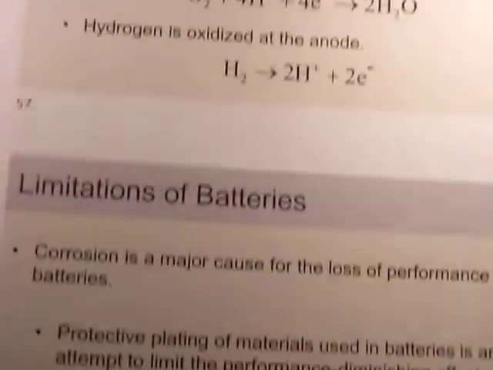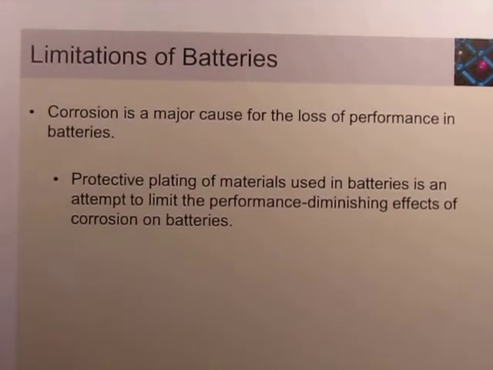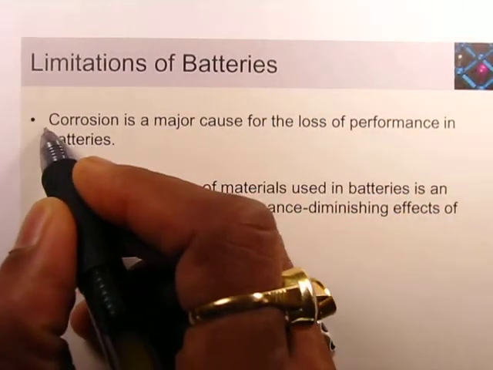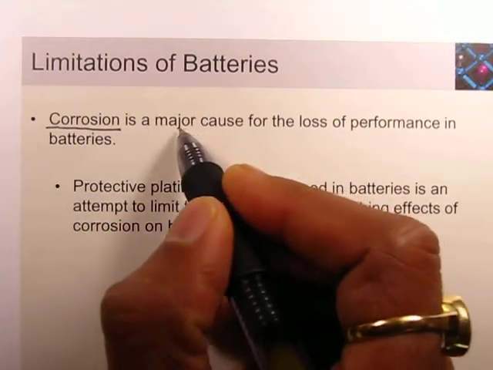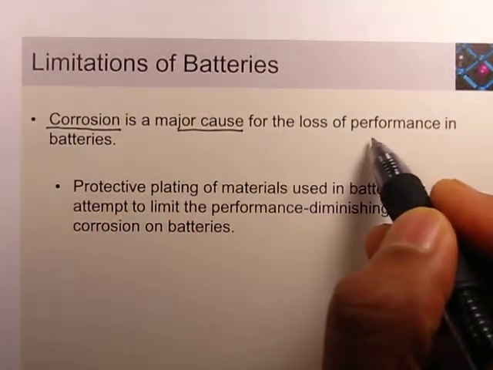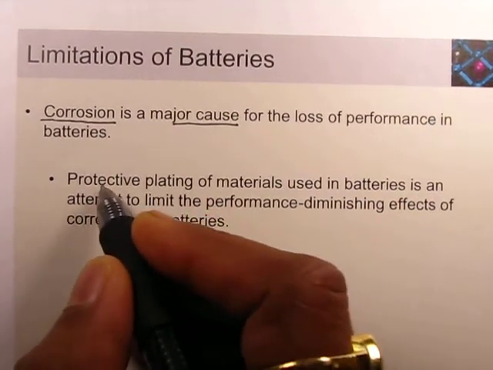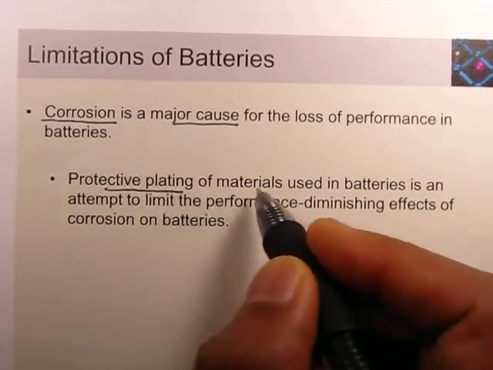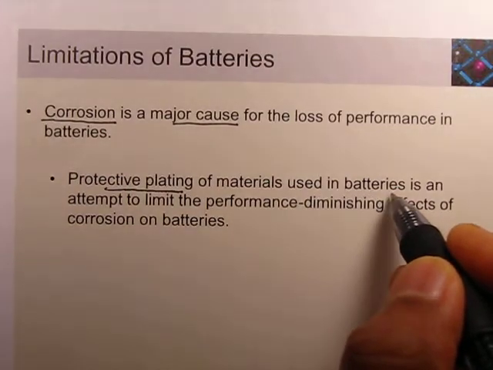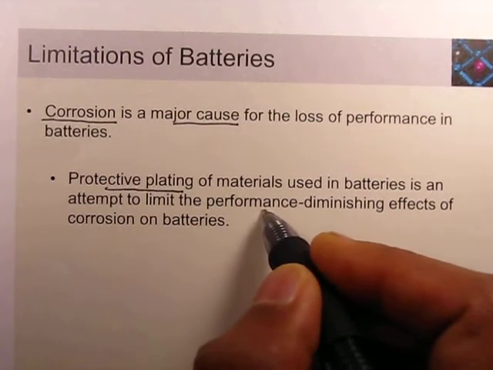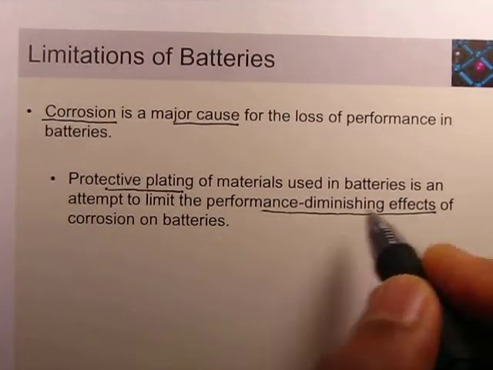And here I would like to show you the limitations of batteries. Corrosion is a major cause of loss of performance in batteries. That is why protective plating of material is used in batteries, in an attempt to limit the performance-diminishing effect of corrosion.